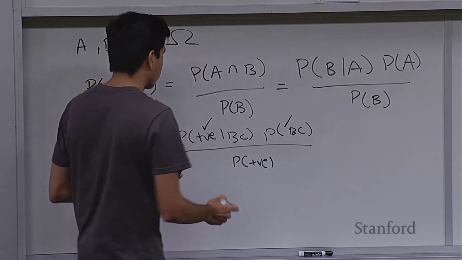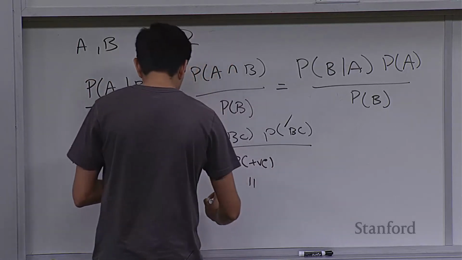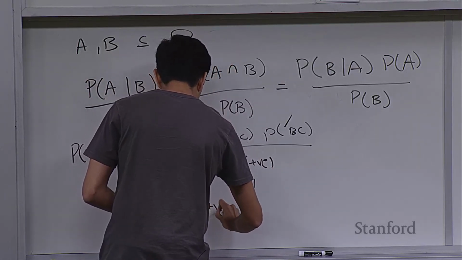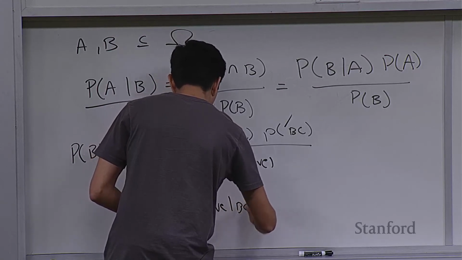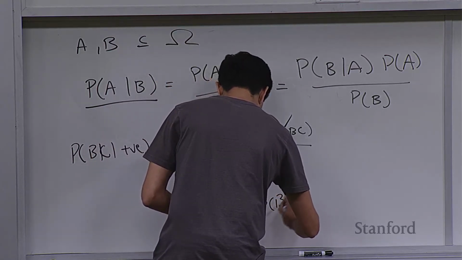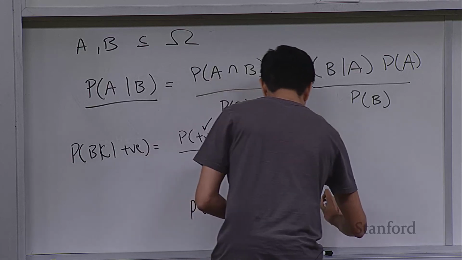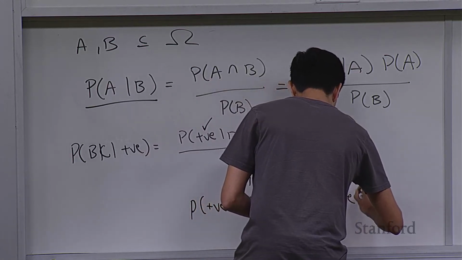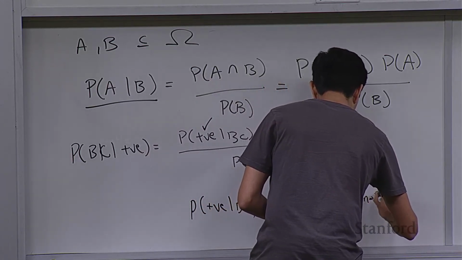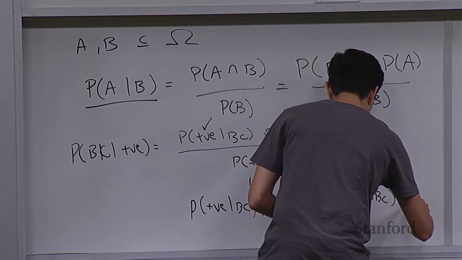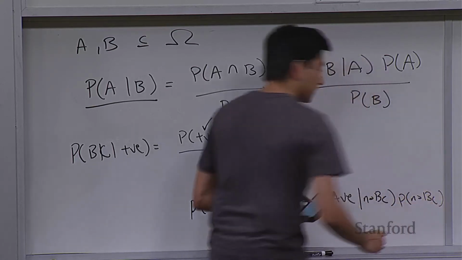What we can say, however, is that the probability of a positive result is equivalent to the probability of a positive result given breast cancer times the probability of breast cancer, plus the probability of a positive result given no breast cancer times the probability of no breast cancer. Does that make sense?